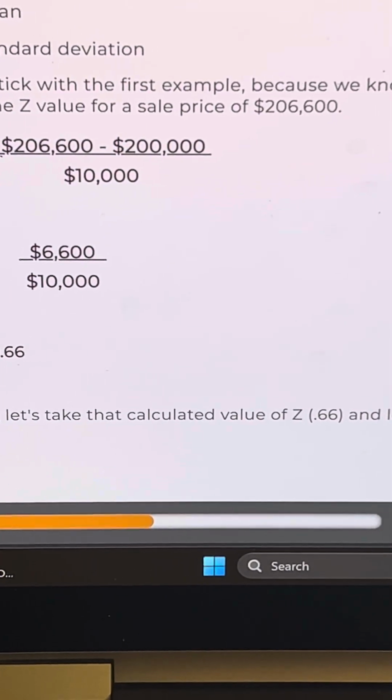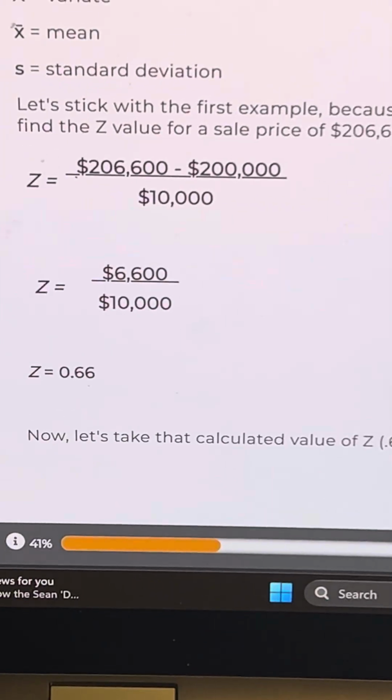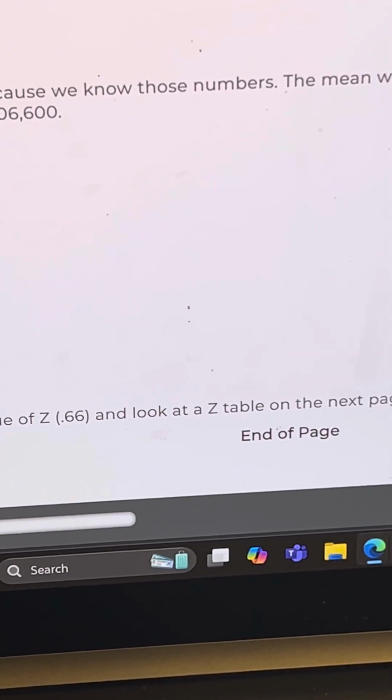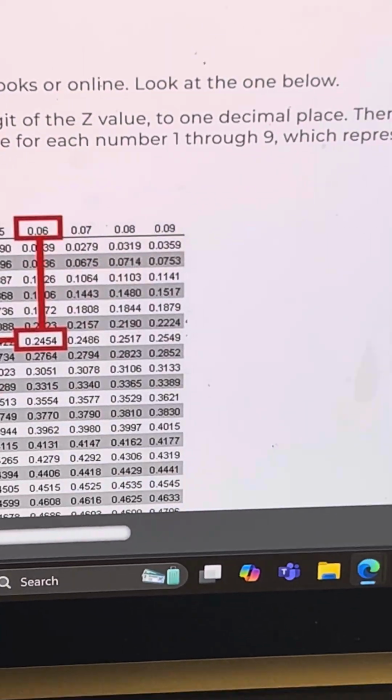Now let's take that calculated value of Z, 0.66, and look at a Z table on the next page. End of page.